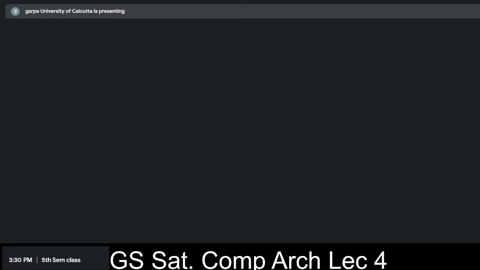So all these 3 types of shift operations can be of 2 types: shift left and shift right. So basically we have 6 types of shift micro operation: arithmetic shift left, arithmetic shift right, logical shift left, logical shift right, circular shift left, circular shift right.